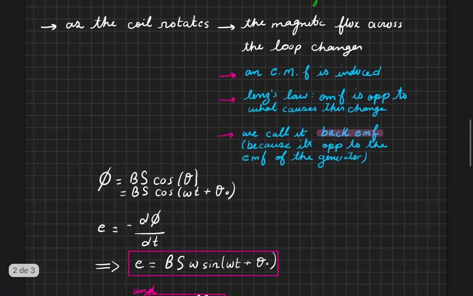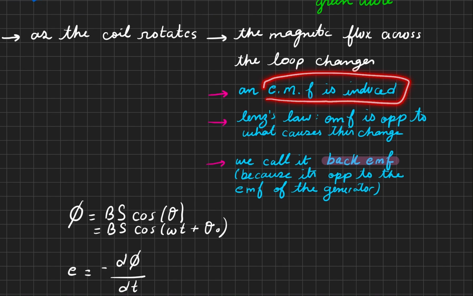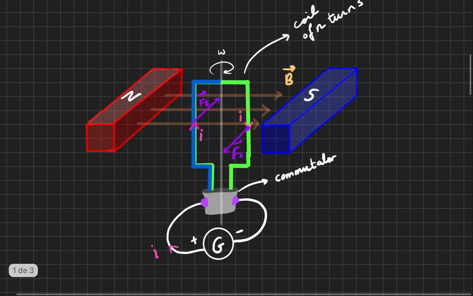Okay, let's go down here. Now, as the coil rotates, the magnetic flux across the loop changes, and this means that an electromotive force is induced. But according to Lenz's law, this electromotive force is going to be created opposite to what creates it.